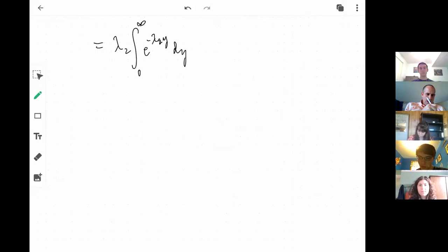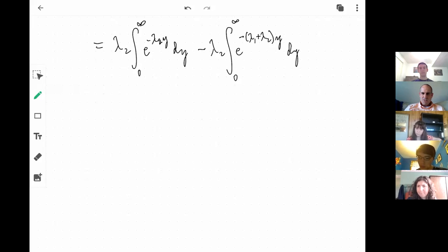And then it was minus lambda 2, integral from 0 to infinity, e to the minus lambda 1 plus lambda 2. Why is that? I'm doing this from memory, but can't I just combine the powers on the exponential right there?